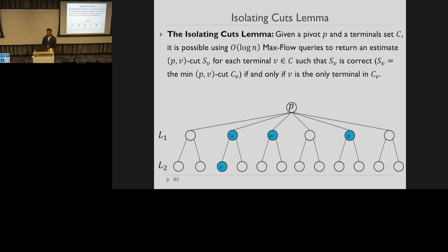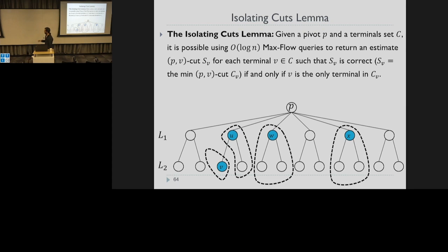The condition that needs to hold is that if the terminal is the only terminal on its side of the cut, then you would get the correct value for it. So for example, again, we have the blue nodes, the colored nodes, they're going to be the terminals.